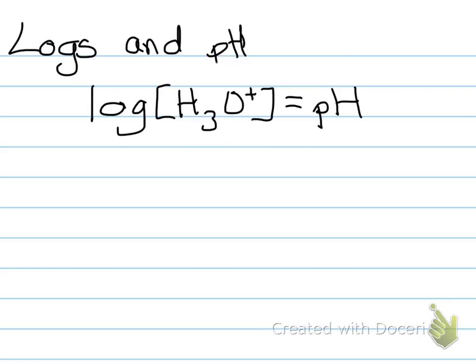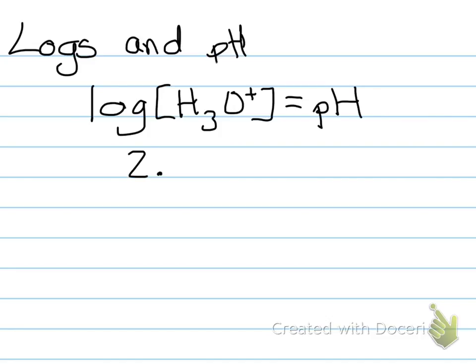A quick note about significant figures in regards to logs and pH. So the pH of something is equal to the negative log of the concentration of H3O plus or H plus. Because it's the log, it's a base 10, so that first number is actually called a magnitude number and not counted as a significant figure.